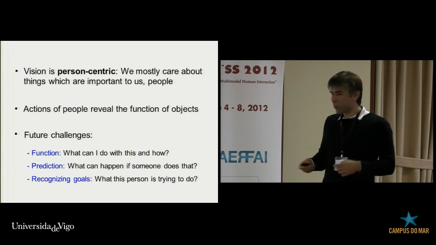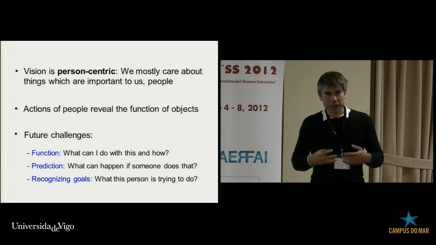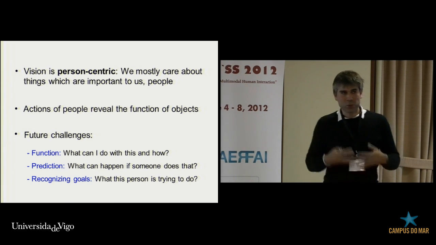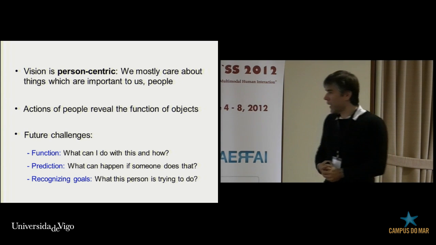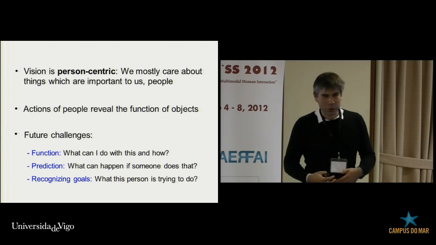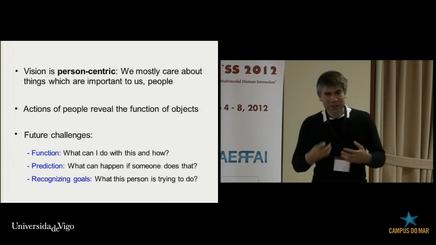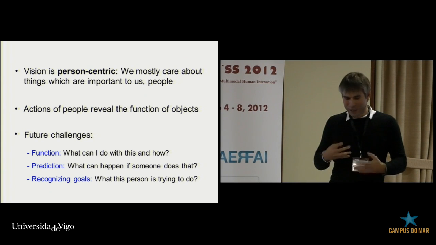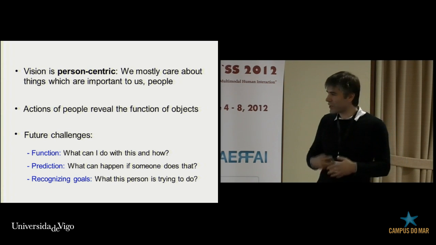Also predict what can happen in the scene: given the current state of the scene, what can happen in it? And eventually also recognize the goal. If we have, for example, a picture of a person running after a bus, then it's important to understand that the person is trying to catch the bus.